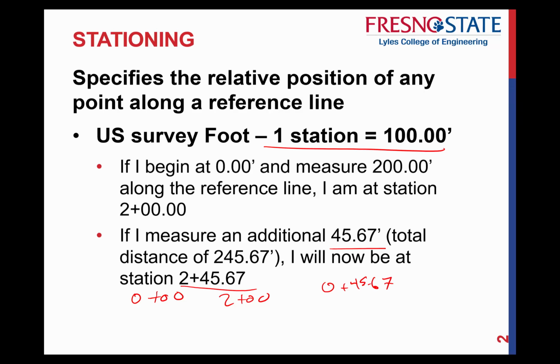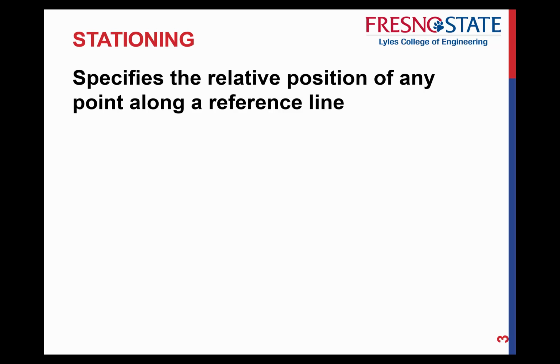It's a partial of a full station, right? A full station is 100 feet, which is written as 1 plus 00. Now you add those three together, and that's how you end up at 2 plus 45.67.